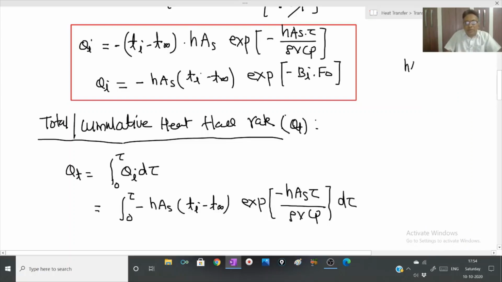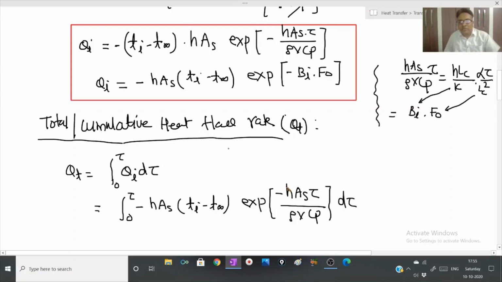Here hAs over rho VCp into tau is nothing but hLc by k into alpha tau over Lc square. hLc by k is nothing but Biot number, and alpha tau over Lc square is nothing but Fourier number. This way I can express hAs into tau over rho VCp as Biot number into Fourier number.